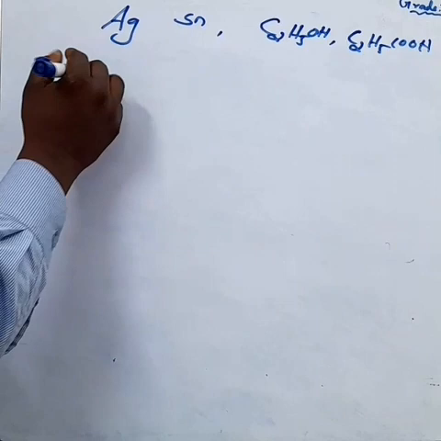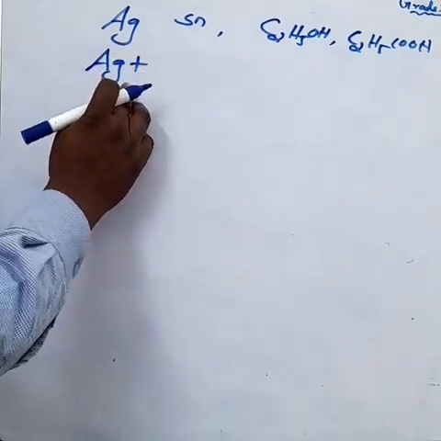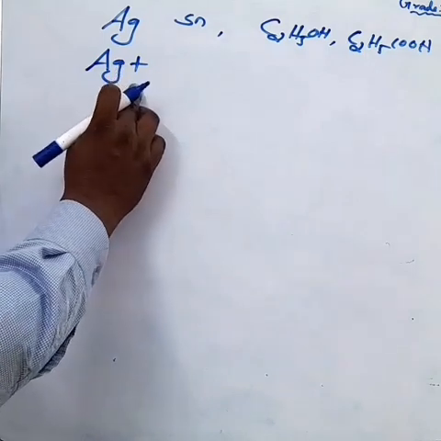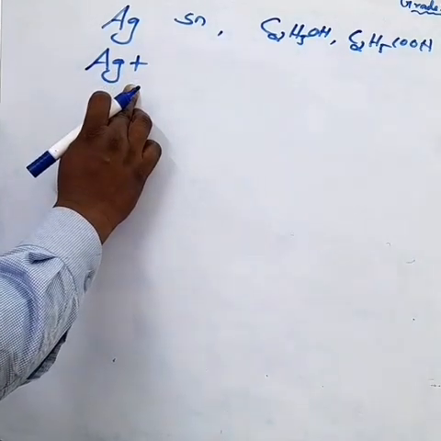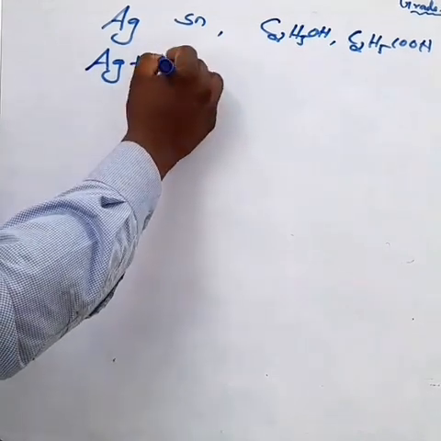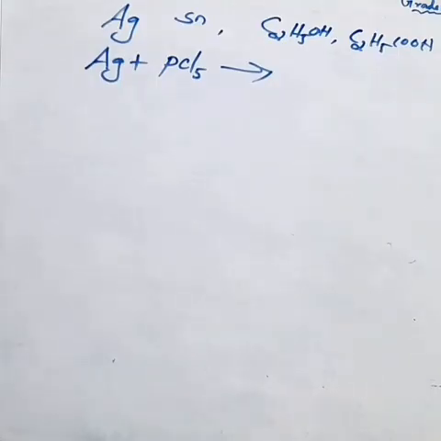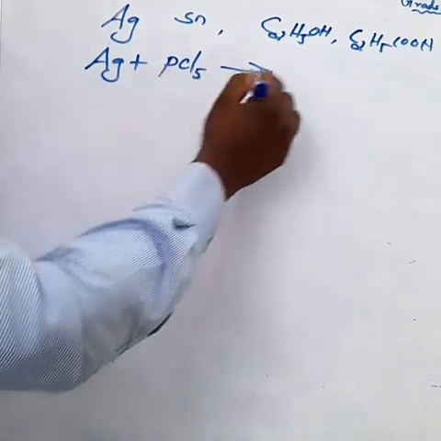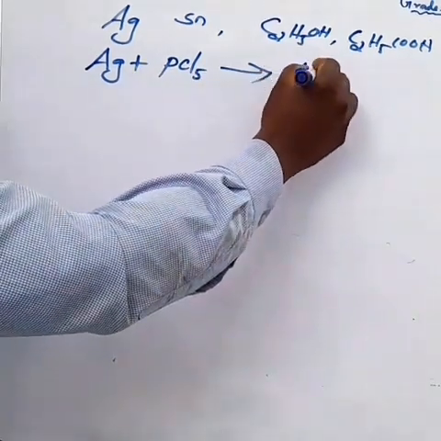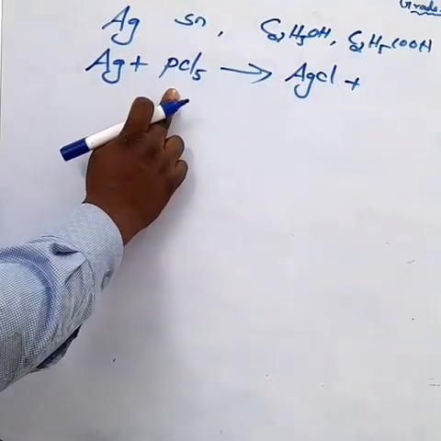First I am taking the silver metal. I told you that 2 metals I am taking, silver and tin. What is the symbol of silver? Ag, and Ag reacts with phosphorus pentachloride, PCl5. Here the silver combines with the Cl to form AgCl, and also we get phosphorus trichloride, PCl3.